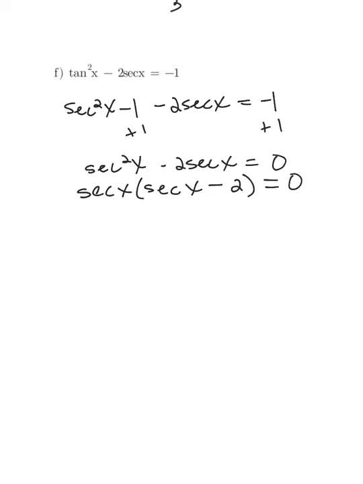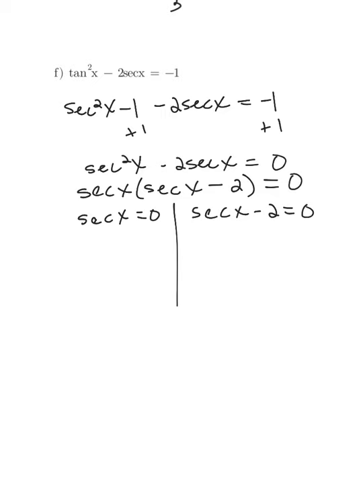Set each of those pieces equal to 0. So you will have secant of x equals 0 and secant of x minus 2 equals 0. So we've got two things to solve here. Well, when you look at the one on the left, it says secant of x equals 0.